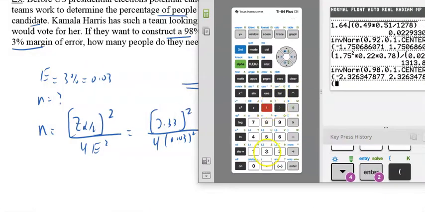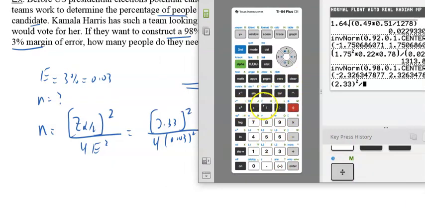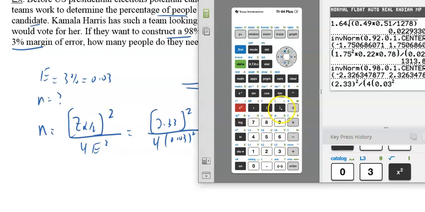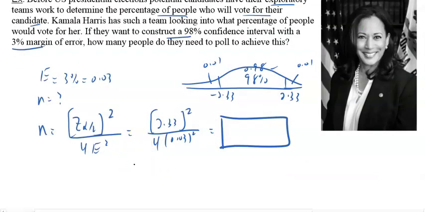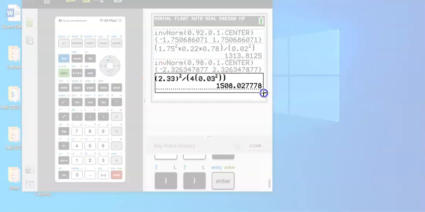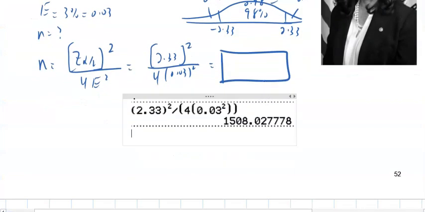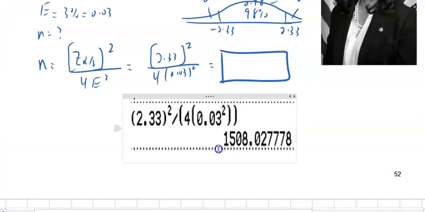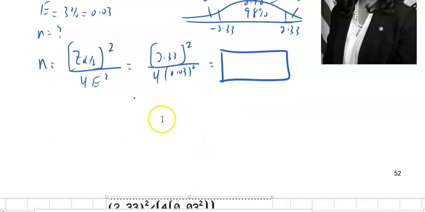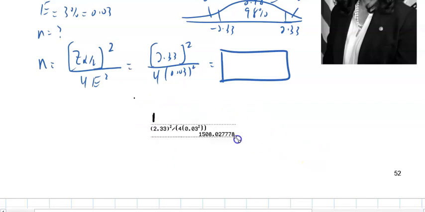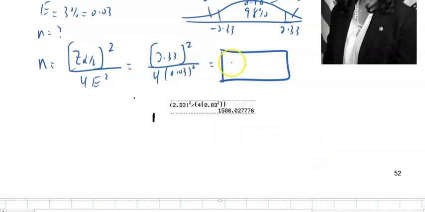If I take 2.33 squared divided by parentheses 4 times 0.03 squared, if I plug them in, we would say 1,509 people. That's how many people you should ask.